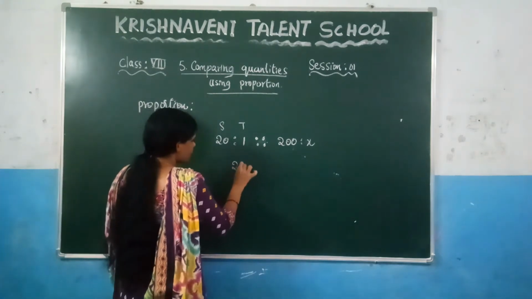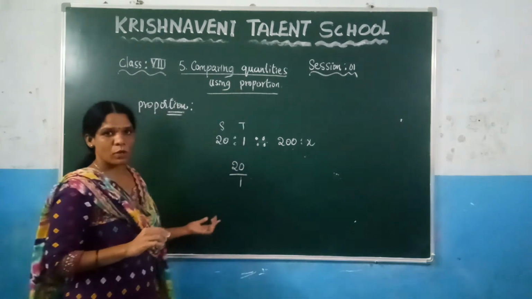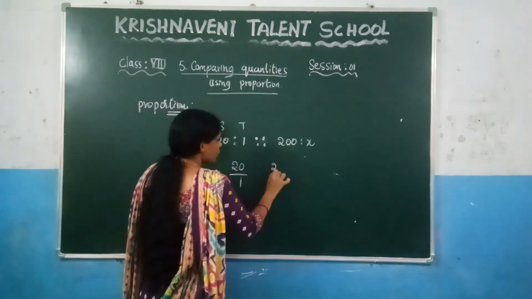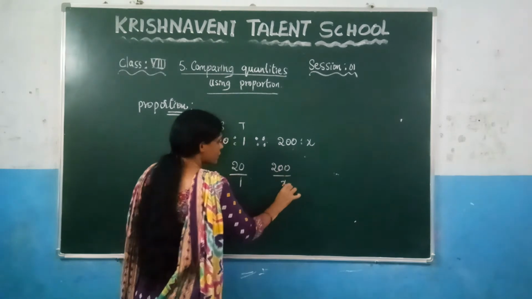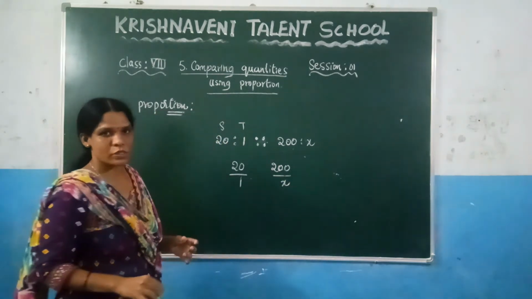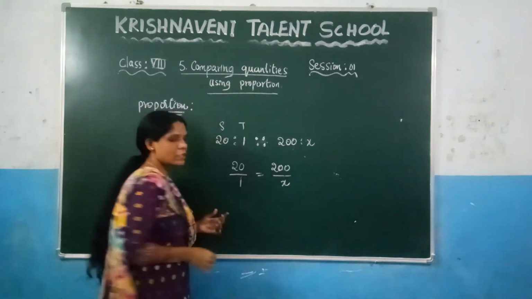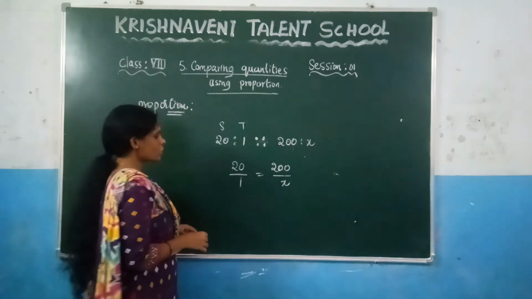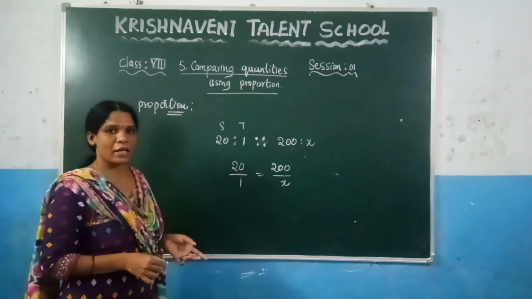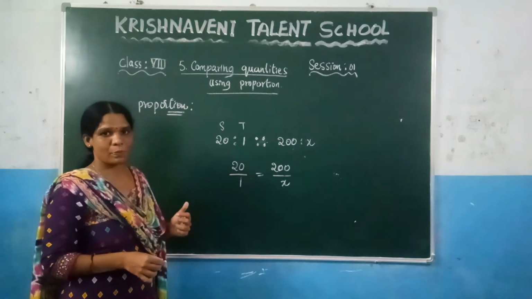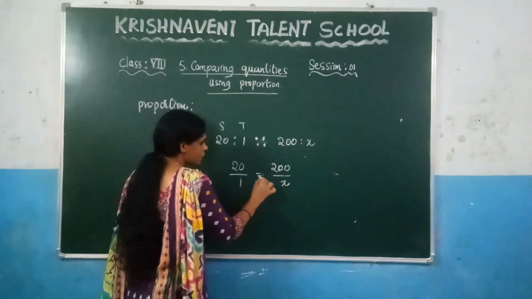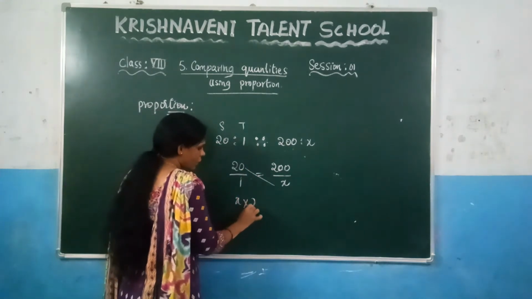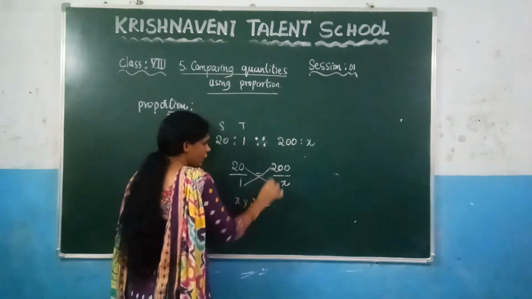So you can write this one as 20 by 1 in the form of the fraction, and this one you can write as 200 by x. And you know that these two ratios are equal because these two ratios are in proportion. So here if you want to find x, you can do the cross multiplication. So here x into 20 is equal to 1 into 200.